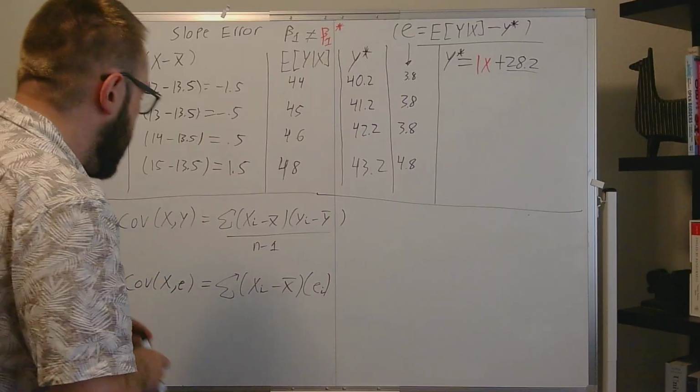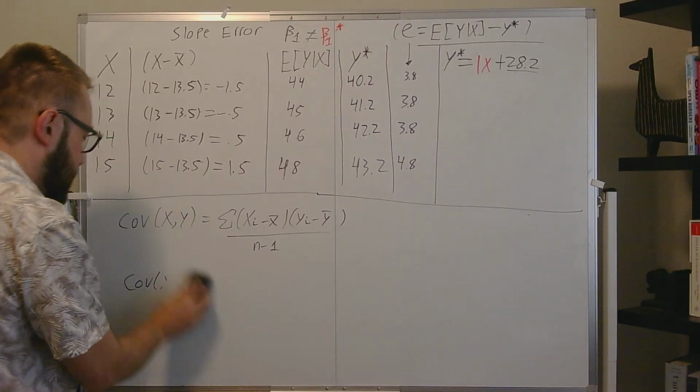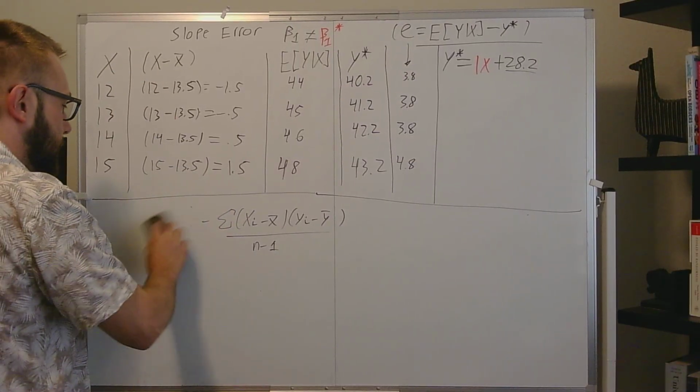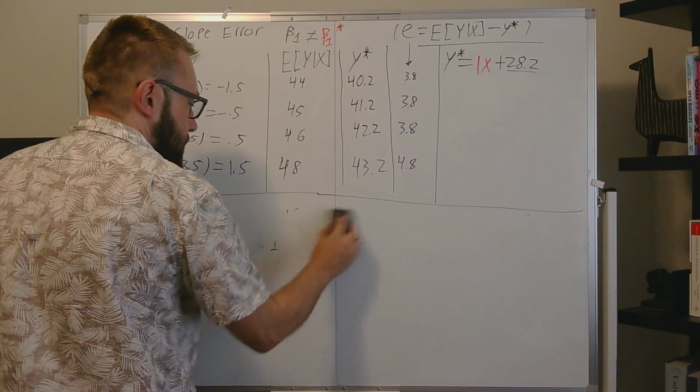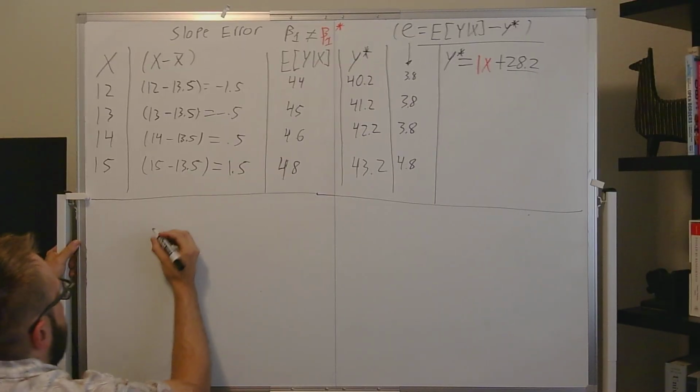So I just wanted to draw that distinction. It'll start to make more sense when we actually get into talking about the disturbance term, but for now I just have to draw that distinction.